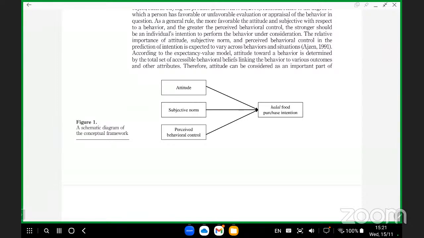Okey, kalau lihatnya di sini, kita melihat kepada artikel sini. Artikel sini sebenarnya dia adopt theory of planned behavior, atau secara ringkasnya abbreviation dia kita sebut sebagai TPB. Very, very famous, famously adopted by most of my students.